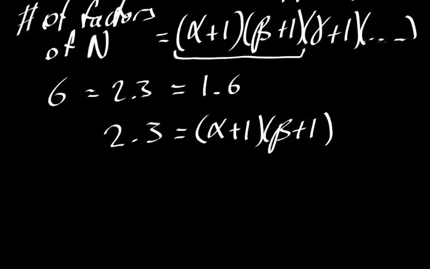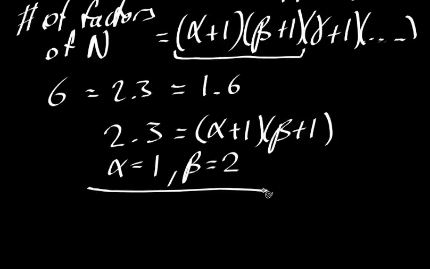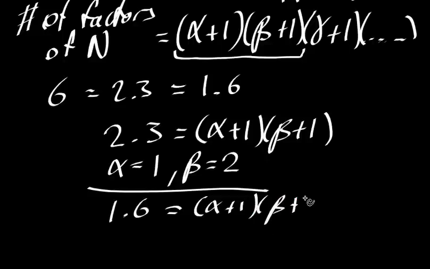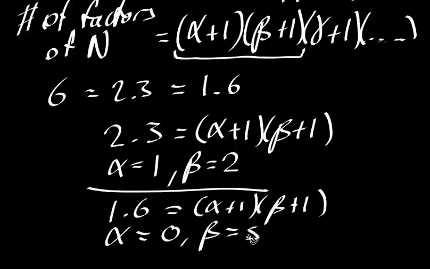For this 2 times 3 factor set, our alpha must be equal to 1, because 1 plus 1 is 2, and our beta must be equal to 2, because 2 plus 1 is 3. We can do the same thing for 1 times 6: 1 times 6 equals alpha plus 1 times beta plus 1, so our alpha is 0 and our beta is 5.